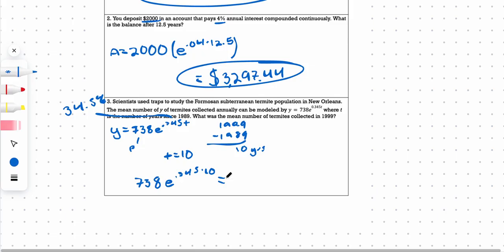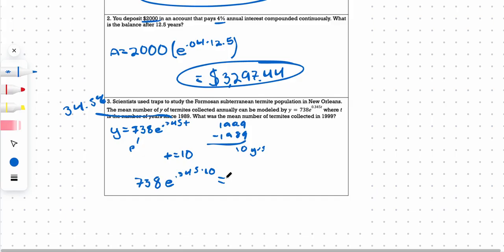e to the 0.345, sorry, I may have said 0.35, 0.345 times 10 power, that's going to be 31.5 times 738.